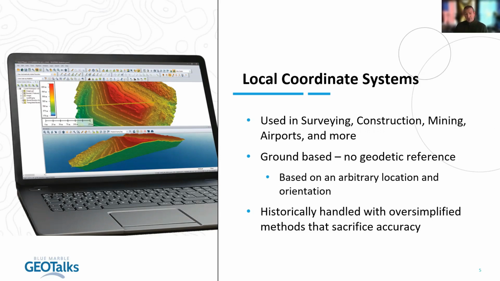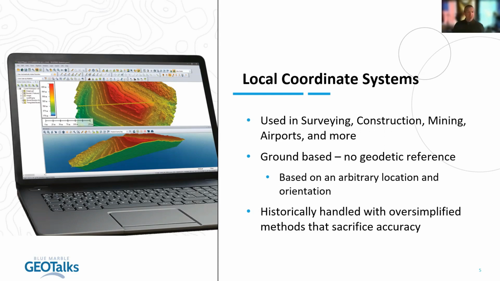So this is a ground-based coordinate system. There is no geodetic datum associated with it, no model of the whole world underlying. These are simply based on a pin in the ground very commonly, or a survey benchmark of some sort. In some cases, it's something as simple as a tree or a rock.